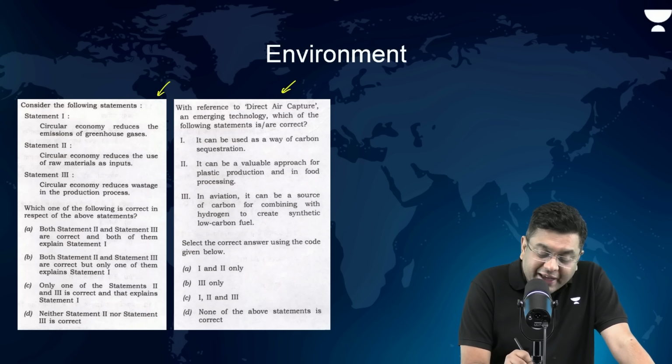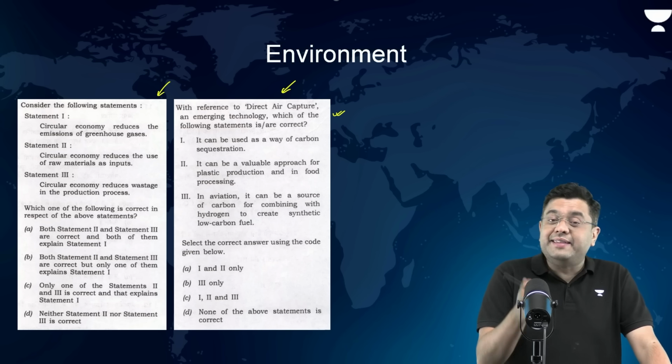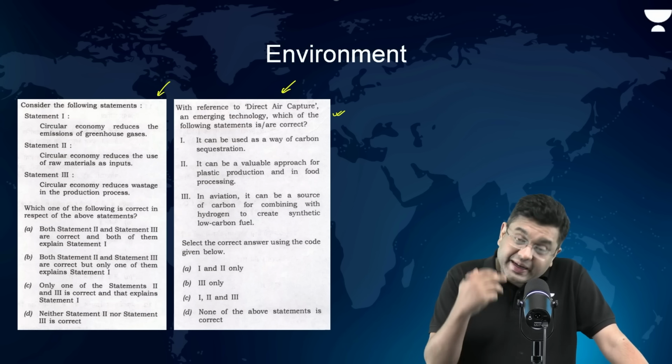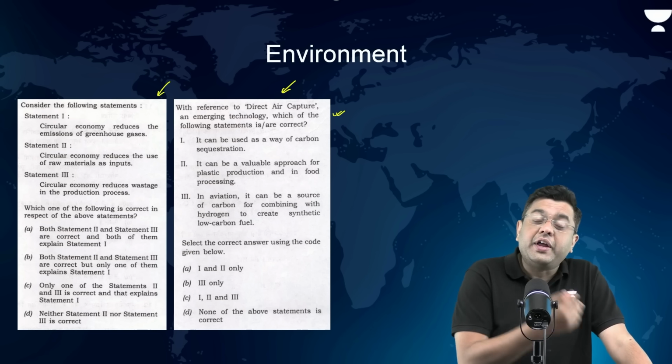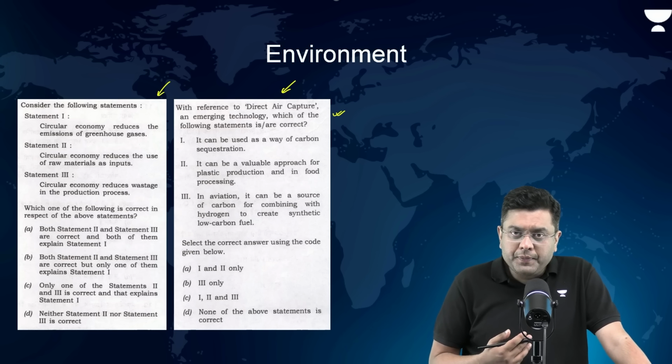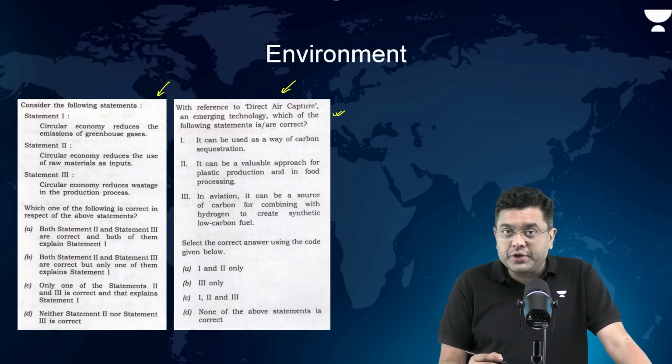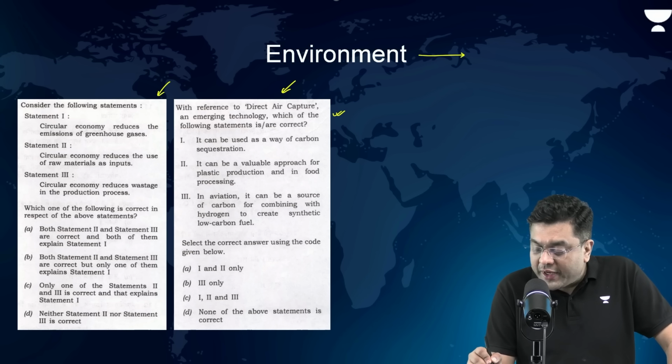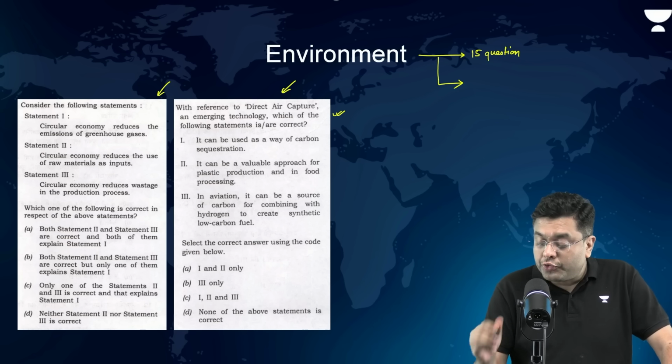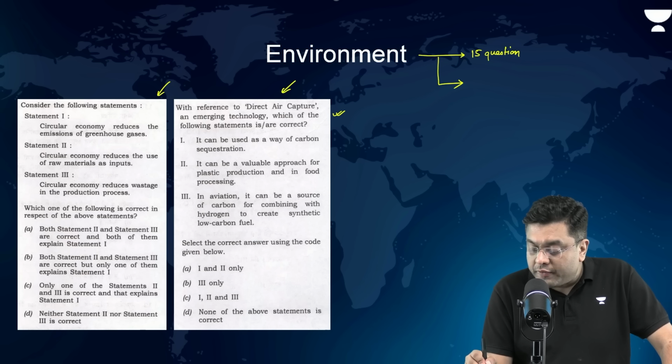Direct air capture has been repeated in the prelims and the mains examination for 2 years. It has been in the news, right? Circular economy is in the news. And these are basic conceptual questions. So, out of the 15 questions which are asked in environment, at least you will be able to solve around 8 to 9 of them.